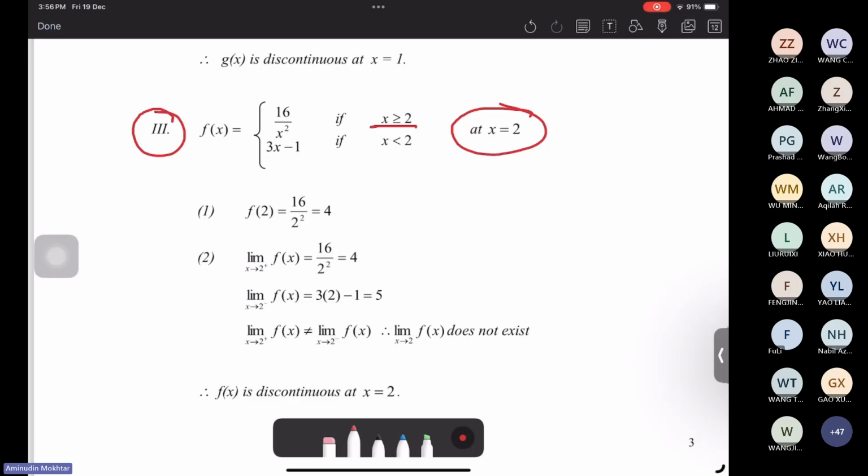When we're talking about limit, we refer to the right hand limit and left hand limit. That is how to determine the limit. I hope you can remember this. You need to follow these three conditions.